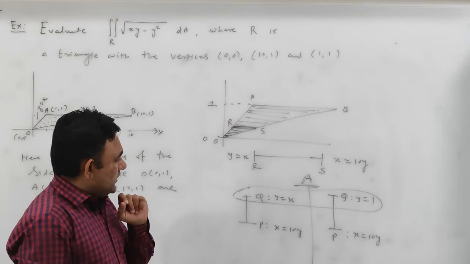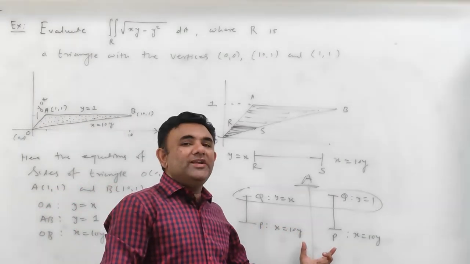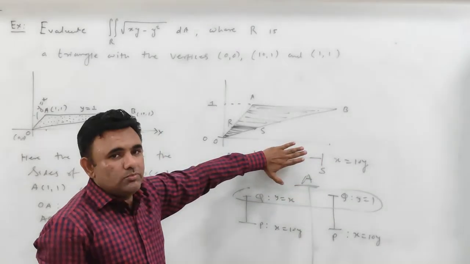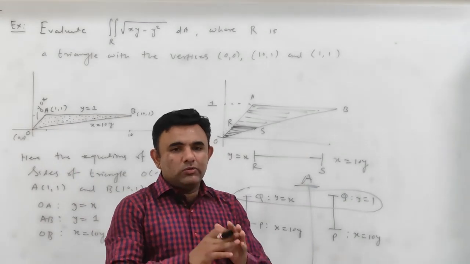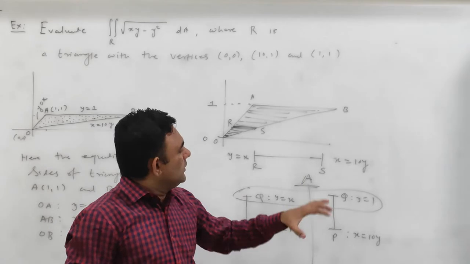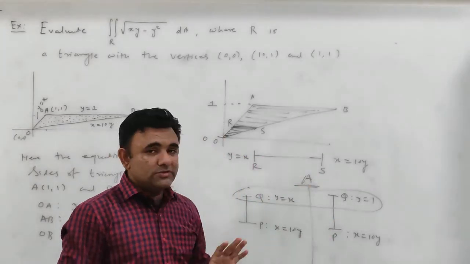So we have to evaluate the integration in two parts. We can do it in this way also, and in this way also. Both ways are open. But here we have to evaluate two integrals, and here only one integral. So this way will be easier as compared to this one.